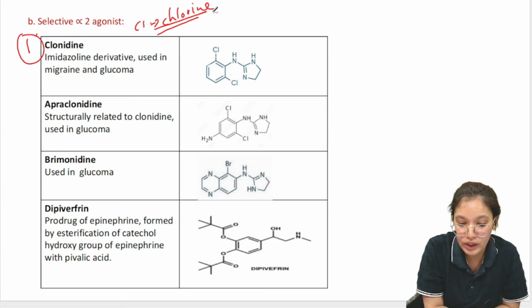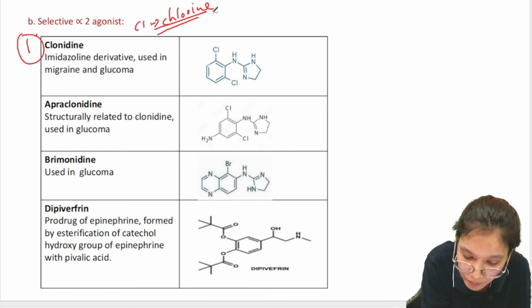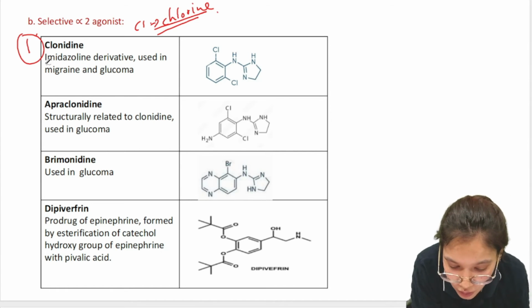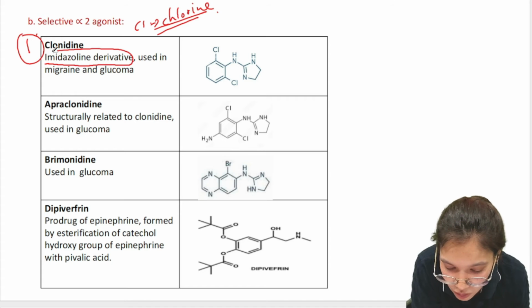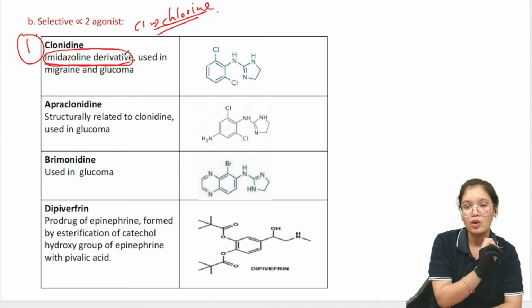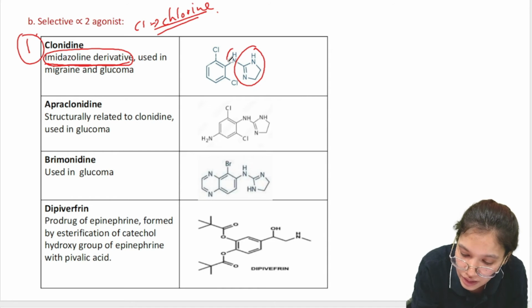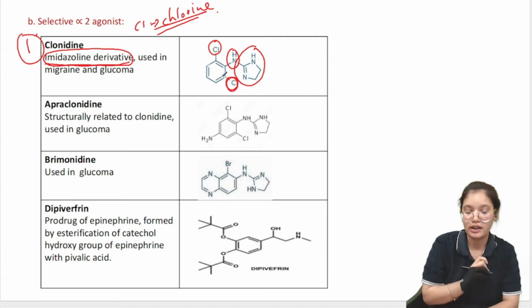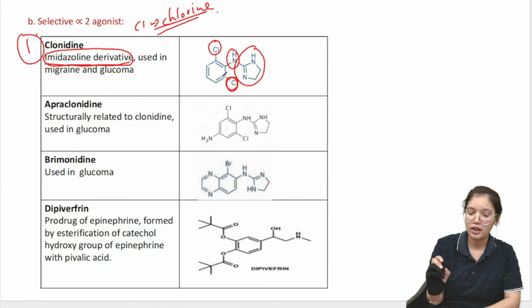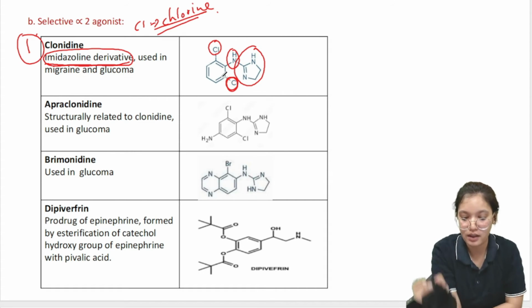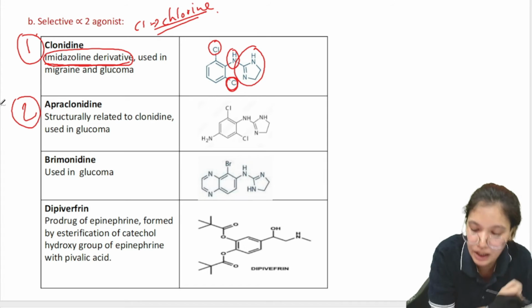So the clonidine ring is an imidazoline derivative. So it contains an imidazole ring, it contains an NH and a chlorine here. So, clonidine.